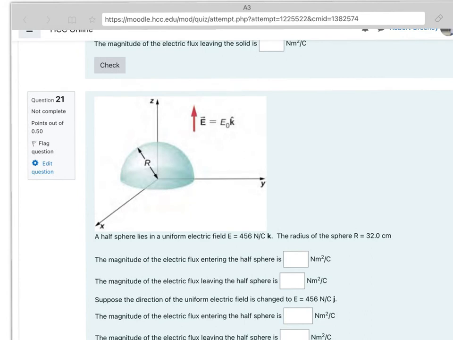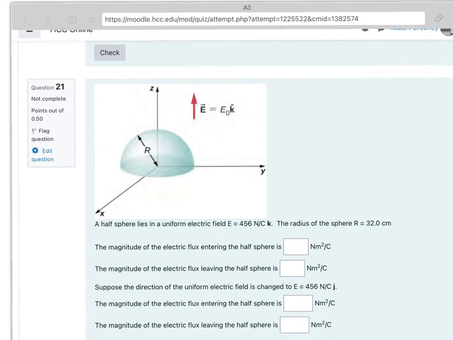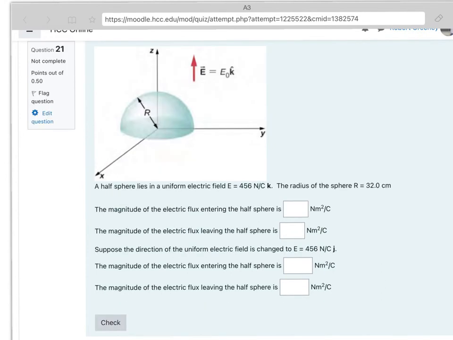And now you have the field going up through a hemisphere. So the first field is k hat. So that's going up. And so that just enters, like the hemisphere is a circle, right? So you just get the area of the circle times the field. It's going in.